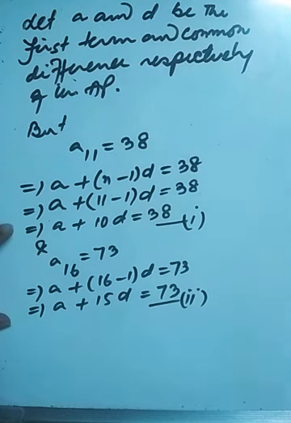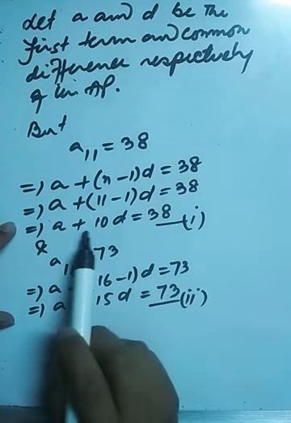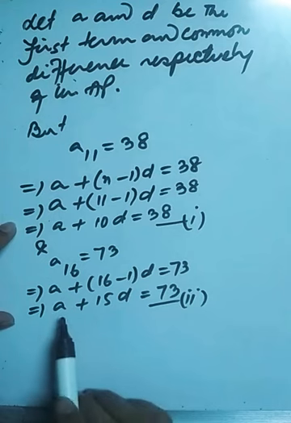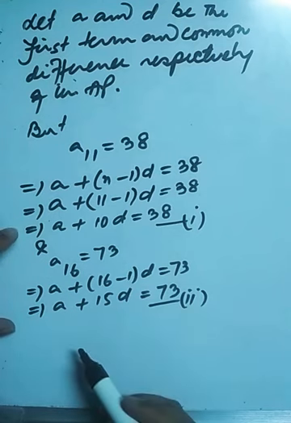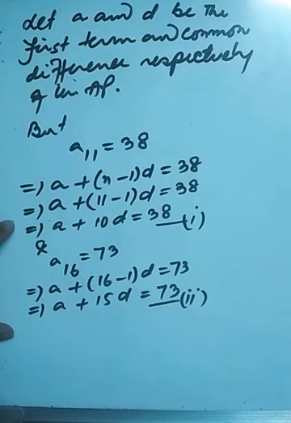So now we have two equations, a plus 10d equal to 38 and a plus 15d is 73. So remember your linear equation in two variables. You can use any algebraic method to find out the values of a and d. So for now, let us use the elimination method.